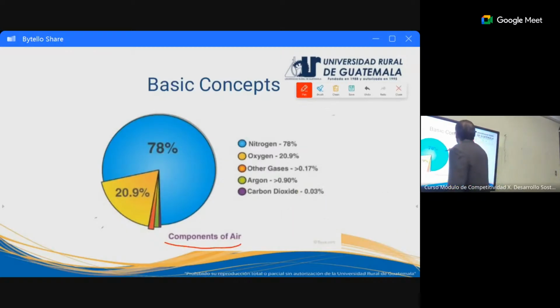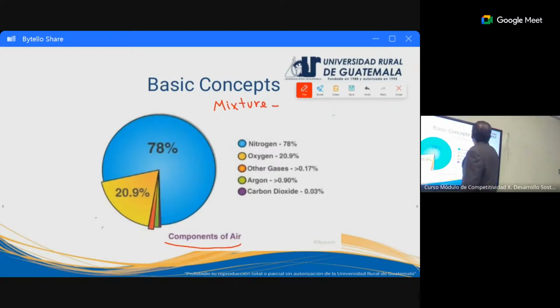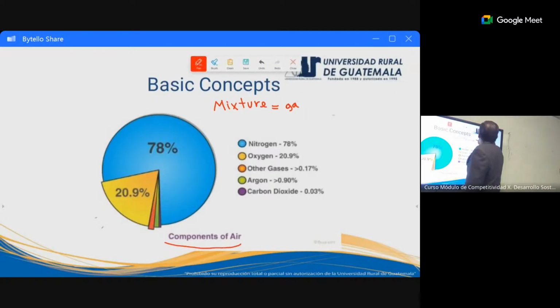This is a mixture that is made by some gas plus another gas. Let's say gas 1 plus gas 2 plus gas 3, and so on, and so on. Okay?